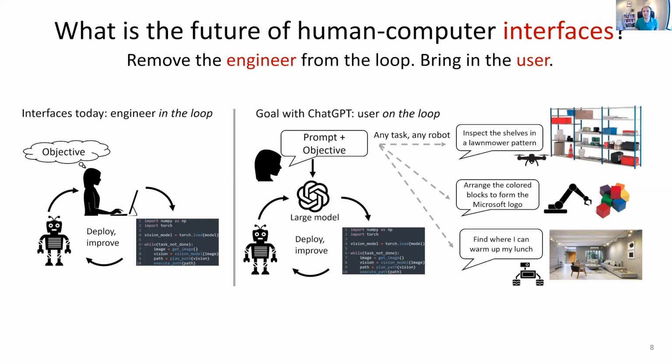In the case of this paper that we published, the idea was to investigate how we can have more natural interfaces, or have a common set of principles that can be used to accomplish any robotics task.